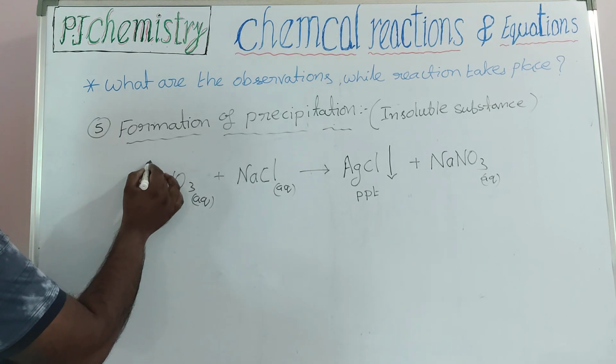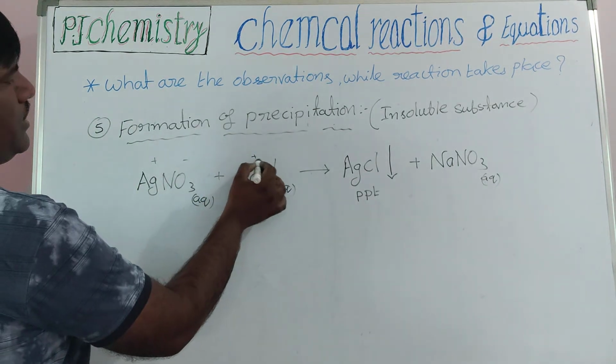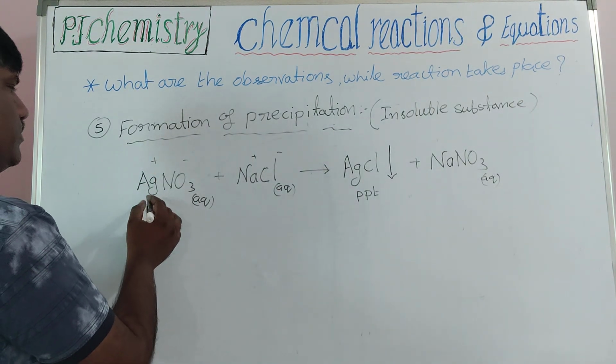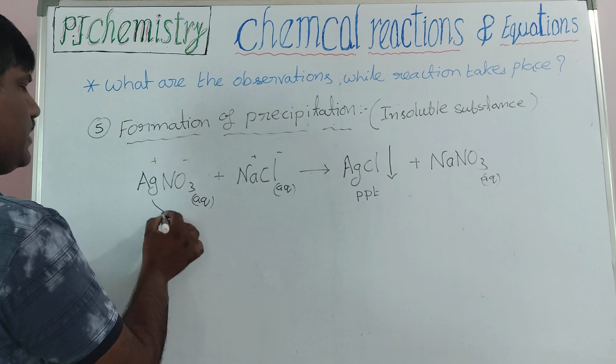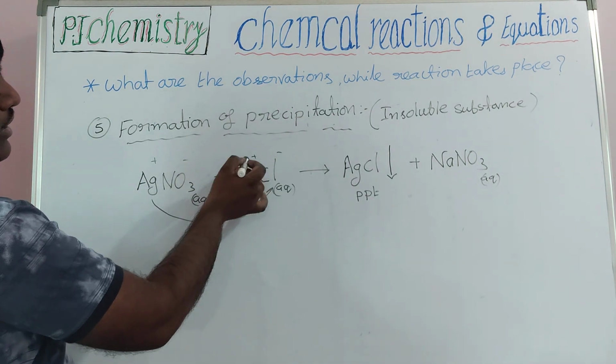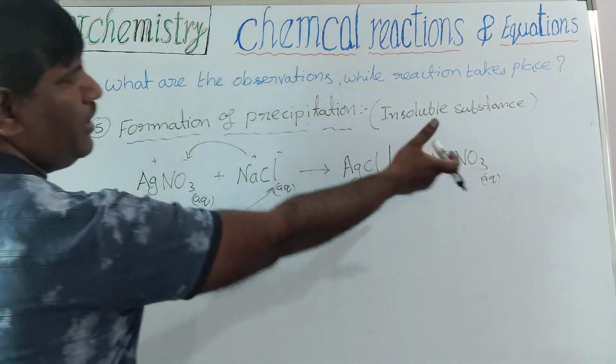See here, when we add it to water, it splits into Ag+ NO3-, Na+ Cl-, exchanging their ions when we mix both. This silver, this chloride, in this positive, in this negative, in this positive, in this negative, exchanging their ions and forming products like this.